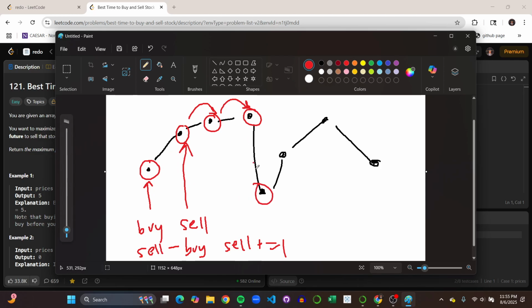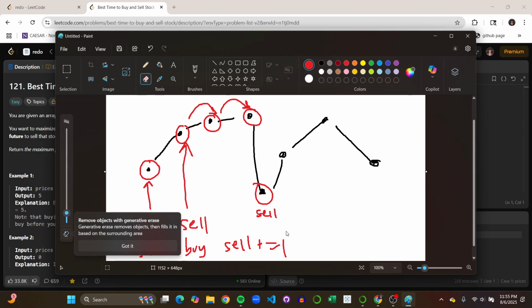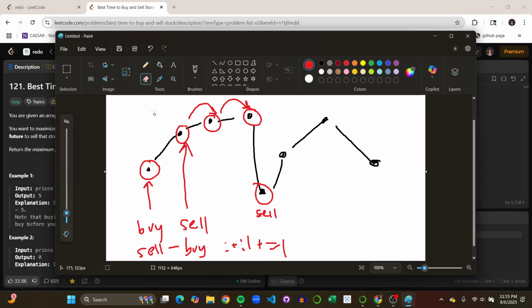And when you find a new minimum, this is an example of sell, then you'll know because sell minus buy will be less than 0. So if sell minus buy is less than 0, then you want to inspect the max profit that you can get with the new lowest point as the buying point, right?